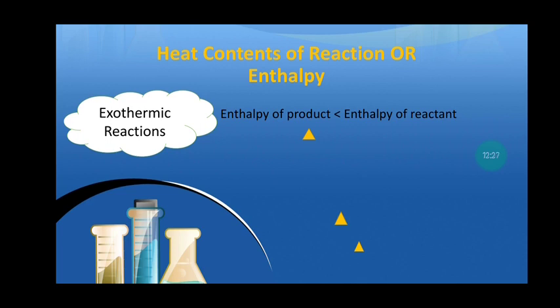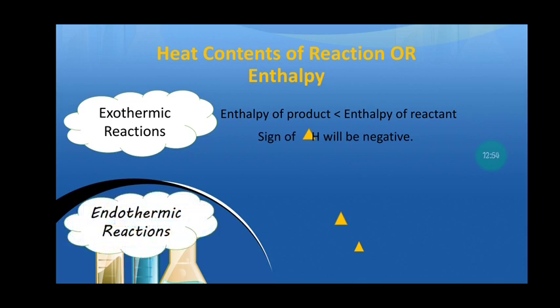So, if the enthalpy of product is lesser than the enthalpy of reactants, it means we are talking about exothermic reactions, and the sign of delta H will be negative. In the case of exothermic reactions, the value of delta H will always be represented by a negative sign.